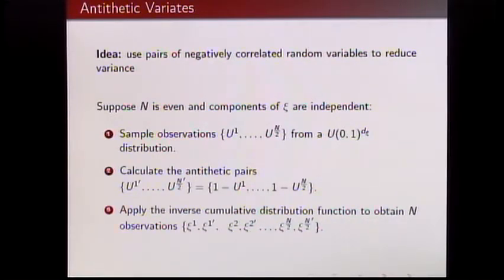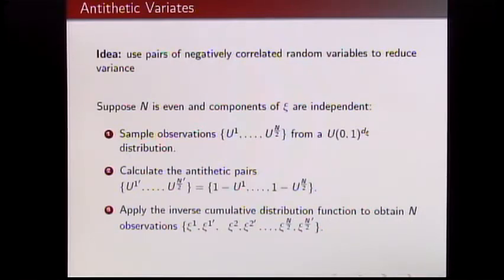So I take the first observation, and I do 1 minus that. So component-wise, each component, I'm going to do 1 minus. All right? And then that's going to be my first antithetic pair. So U1 will go with the opposite end. So the last one will go 1 minus that. That's the pair. All right?